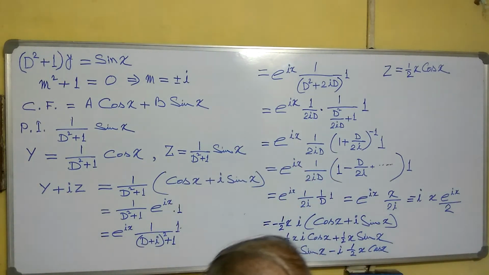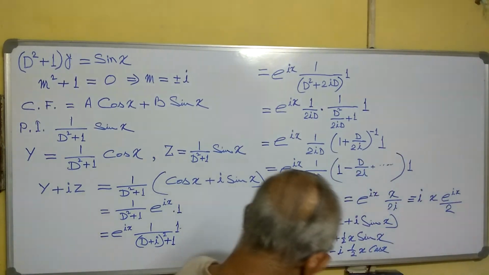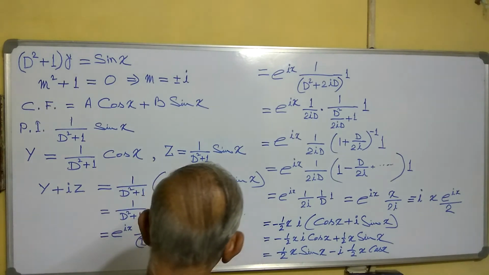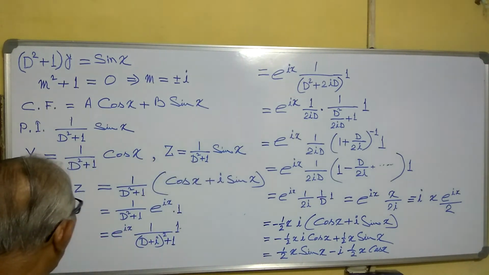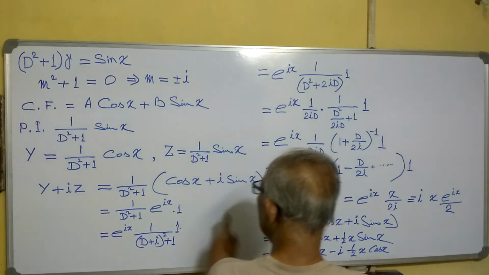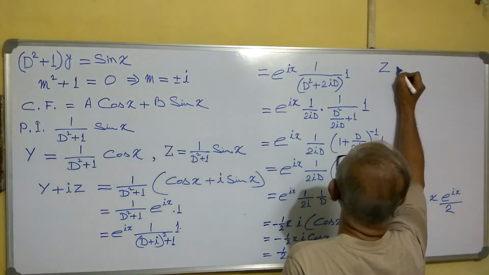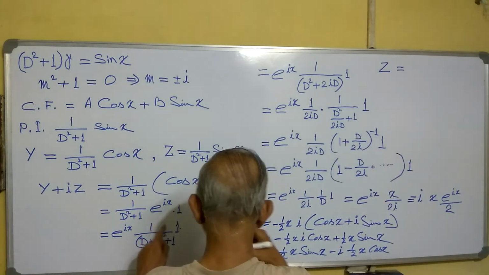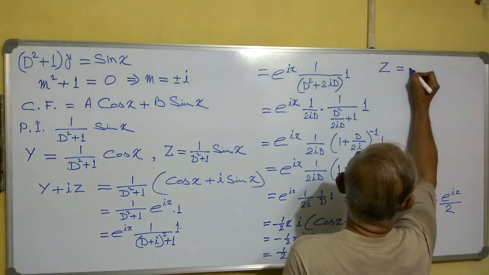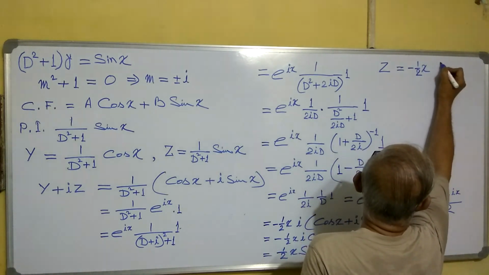Now equating the imaginary part, because our y plus iz, that is z equals minus half x cos x.